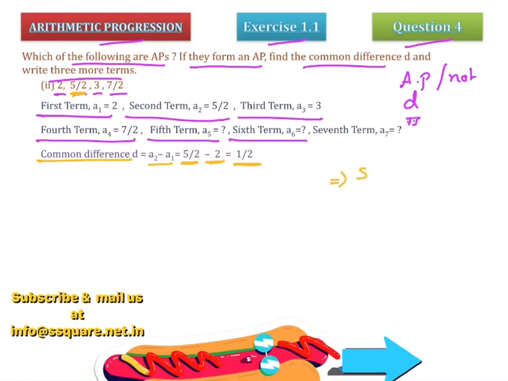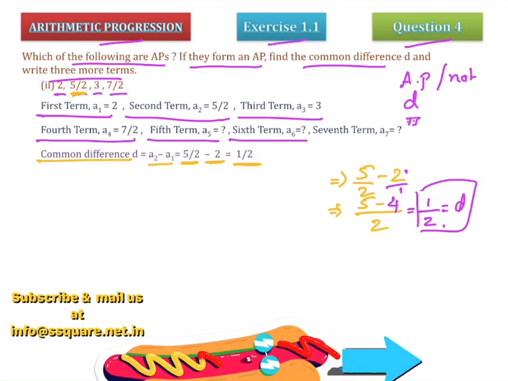Do you know, 5 by 2 minus 2 means by taking the LCM, 2 will be common, 5 will remain the same since the denominator is 2. Here the denominator is 1, so 2 into 2 becomes 4. So 5 minus 4 by 2 becomes 1 by 2. So the D value is 1 by 2 here.